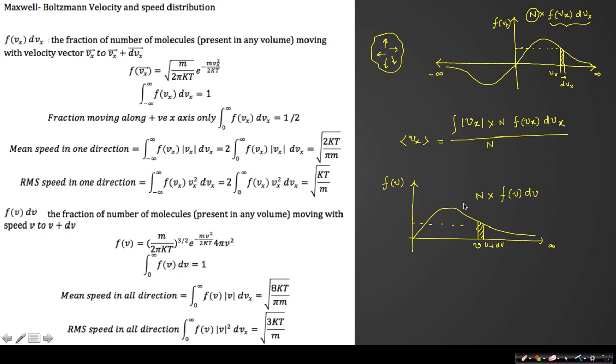That is the total number of molecules moving with the speed range of v to v plus dv. This is the function. Again, you do not need to remember this function, but you should remember what the mean and the RMS value of that function are.